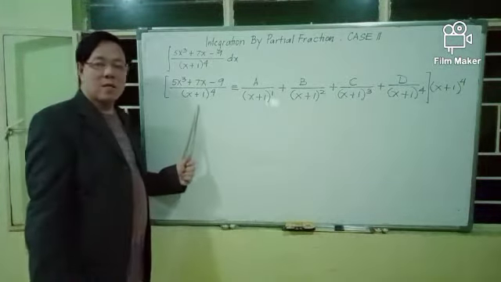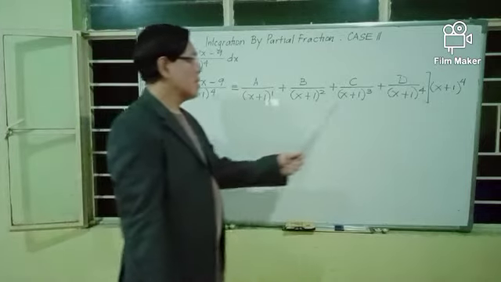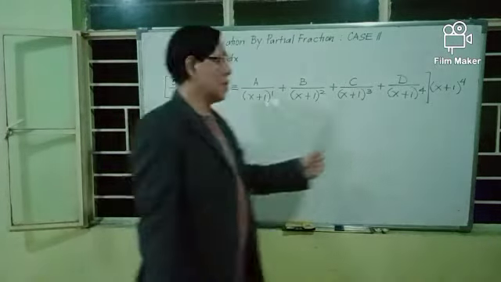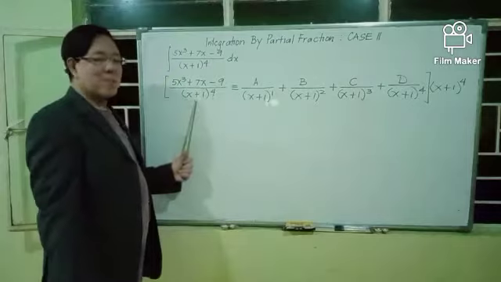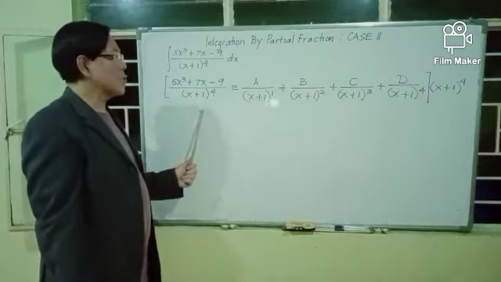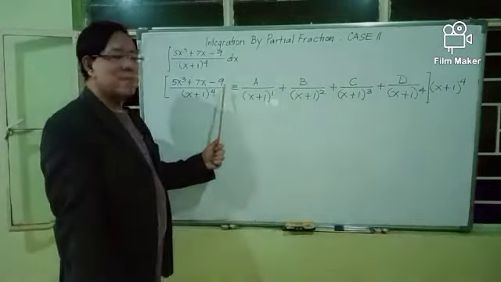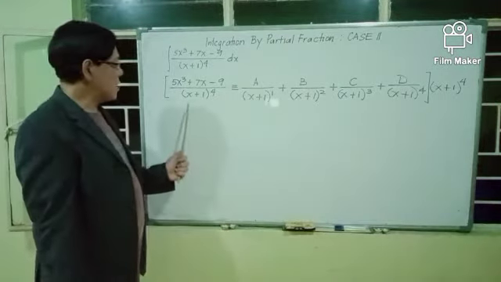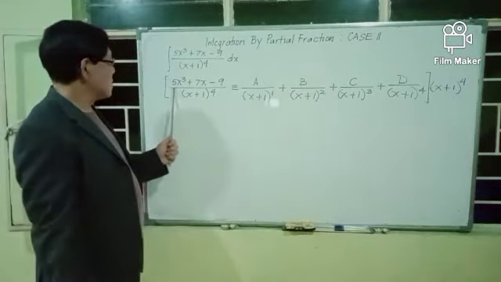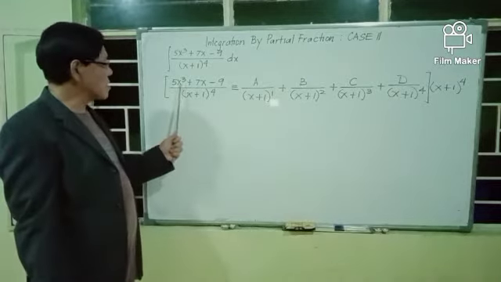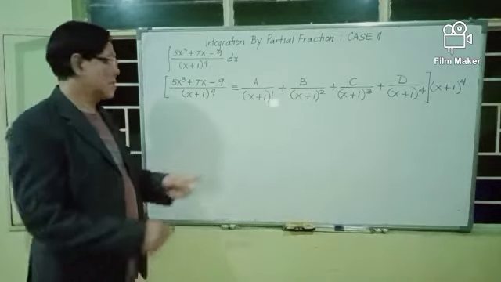If we multiply the left-hand side by x plus 1 to the power 4, x plus 1 to the power 4 in the denominator will cancel out with x plus 1 to the power 4 in the numerator. And what will be left at the left-hand side is this trinomial 5x cubed plus 7x minus 9.